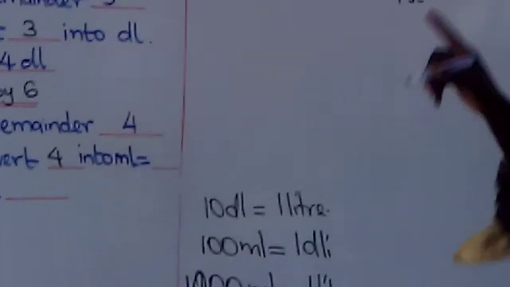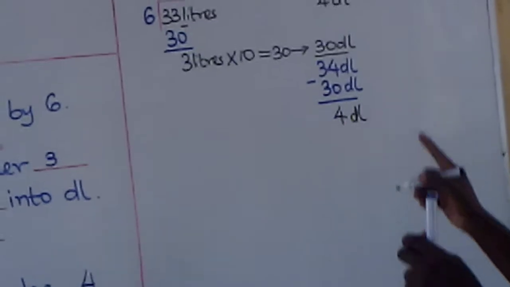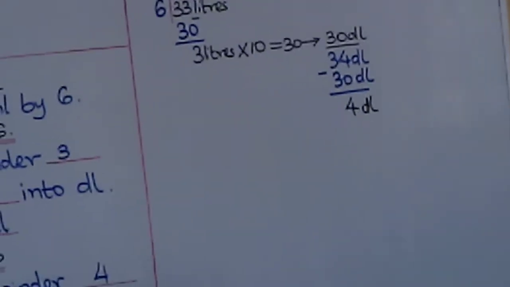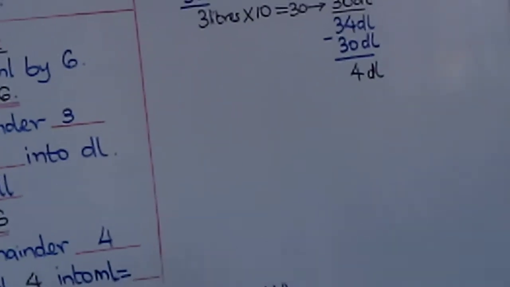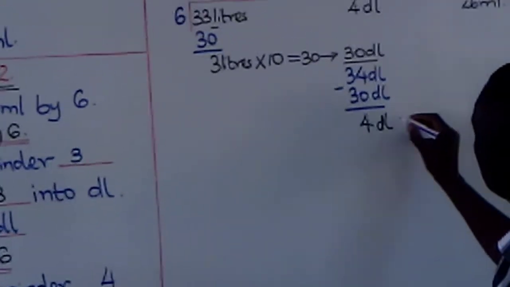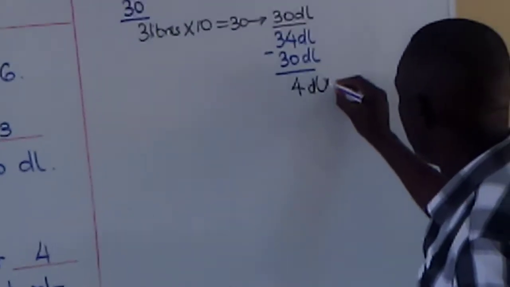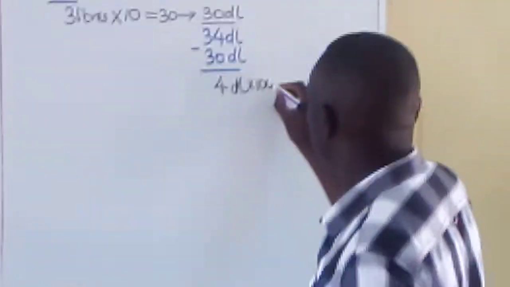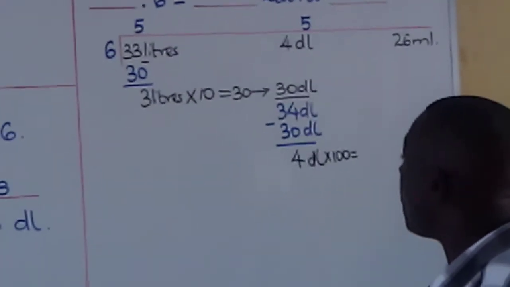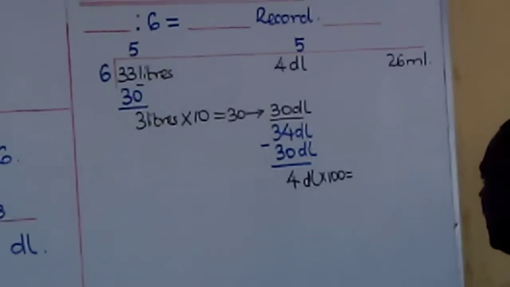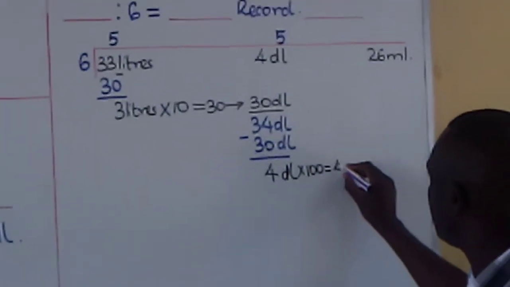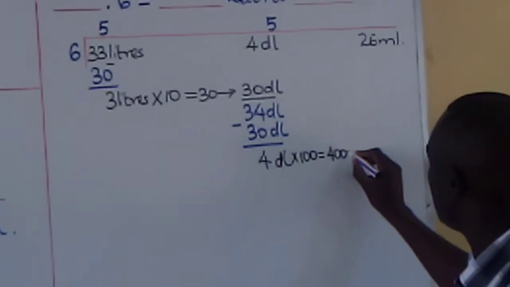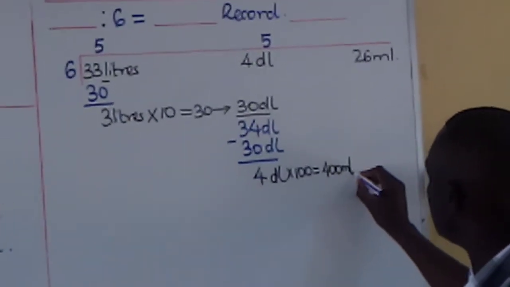Remember, from a bigger one to a smaller one, we multiply. And what are we multiplying by? 100 milliliters make one deciliter. So we multiply by 100. Multiply 4 by 100. And our answer, boys and girls, is 400 milliliters.